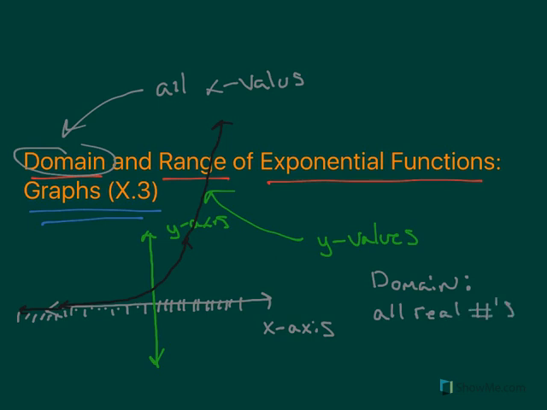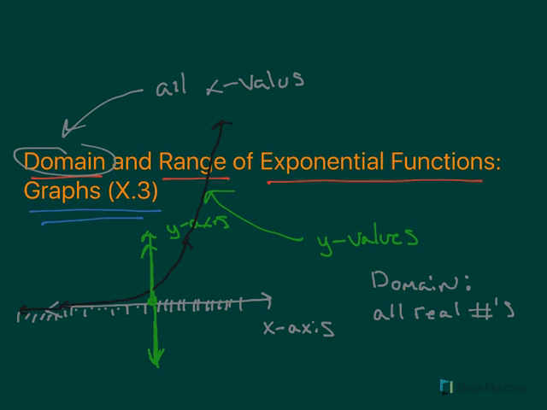And the range, if we look at the y values, notice the y values are going to be limited. You're not going to get any y values that are below the x-axis for this particular type of function. They all stay above the x-axis. So all your y values are going to be greater than 0.